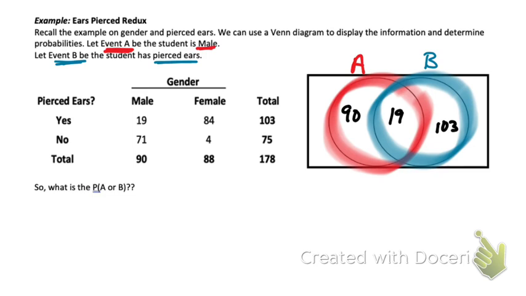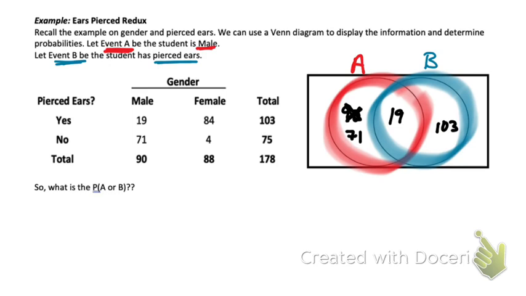So, what should you have in this section right here? 71. Why? Because 19 of those 90 males are in the middle here and share this other section, and so we have to take off the 19 from the total of 90.